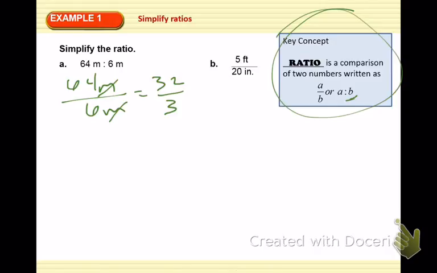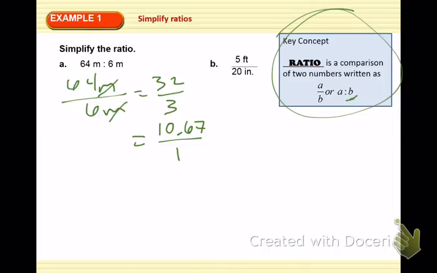Okay? Now, it doesn't really give us a much clearer picture about how much longer 64 meters is than 6 meters, but it's closer. What we could do is go ahead and divide the numerator and the denominator by 3, and get 10.67 in the numerator and 1 in the denominator, and try to get either a numerator or a denominator to be 1.